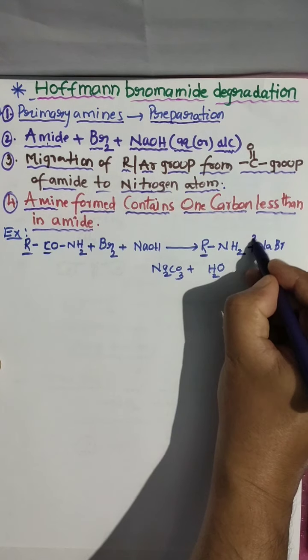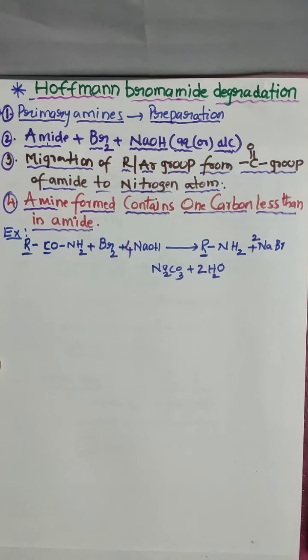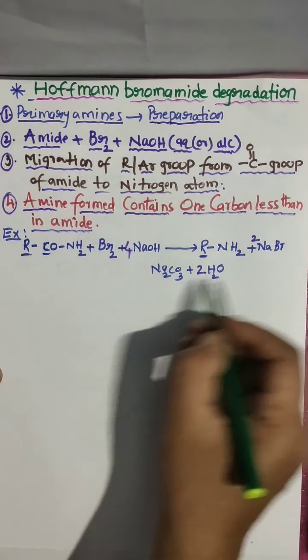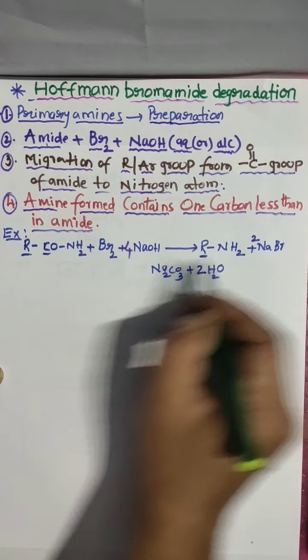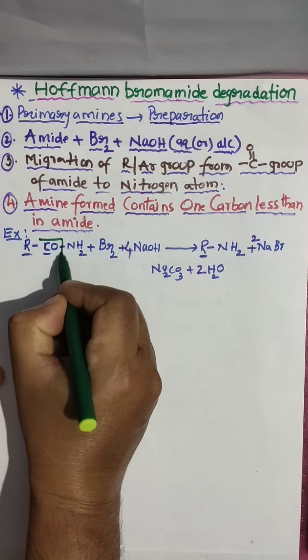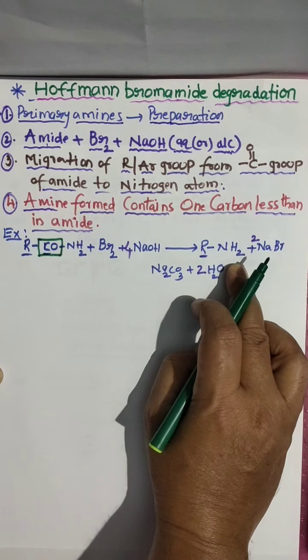2 NaBr, 2 water molecules, 4 NaOH. Generally in organic reactions there is no need to balance, but somewhere we have to try to balance. And this is the reaction. Generally students get confused: for amide, you simply remove this CO group and write the product.